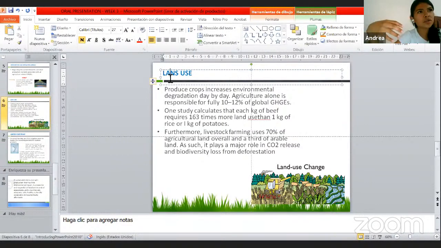So you're going to use very large extensions of land, and you have to cut down all of the trees. So this also increases, like we said, the gas emissions. It also mentioned another point here, which is the loss of biodiversity, which we can see a lot of, for example, in the east side of the country.